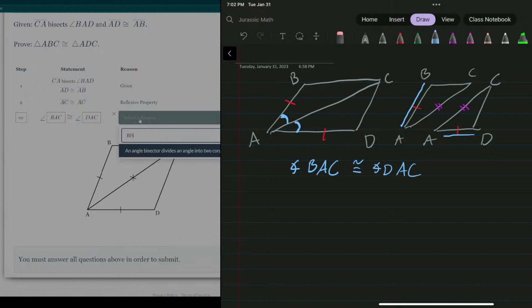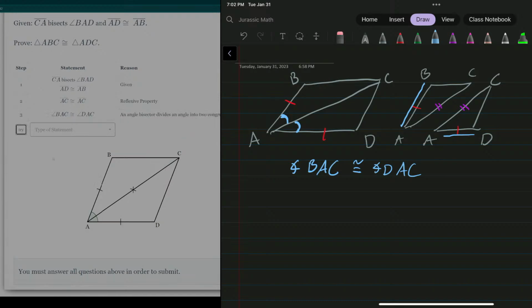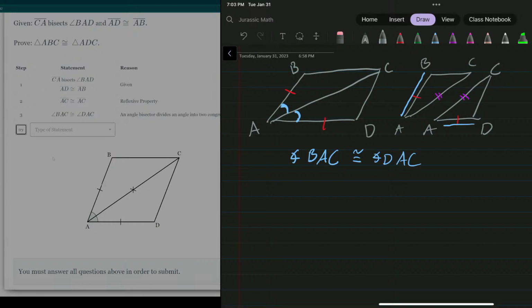So if I just type in bisect, boom. Clicked the wrong button. There we go. Hit try, boom. Now, if you recall, we have 5 different ways to prove triangle congruencies. Side, side, side. Side, angle, side. Angle, side, angle. Angle, angle, side. And HL. Looking at this, we have side, angle, side.